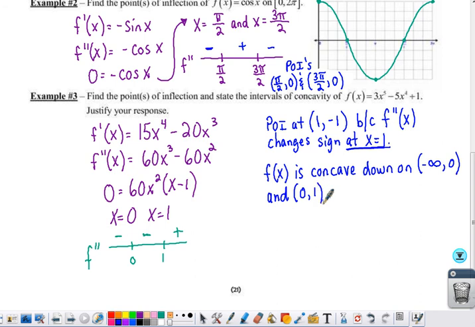We have to make sure we split these intervals up because specifically at 0 you're neither concave up or down, because that is the value that would make the second derivative 0. And the reason why we know that f of x is concave down is because f double prime is negative.